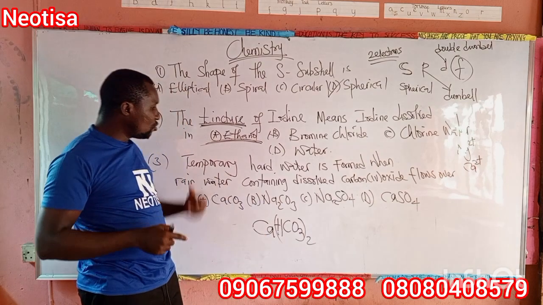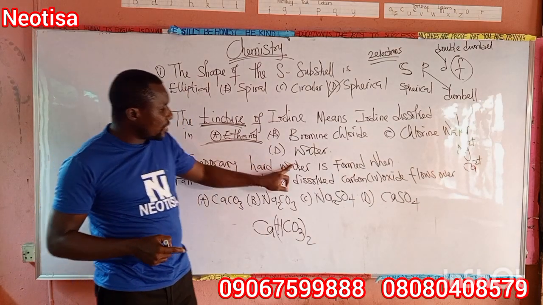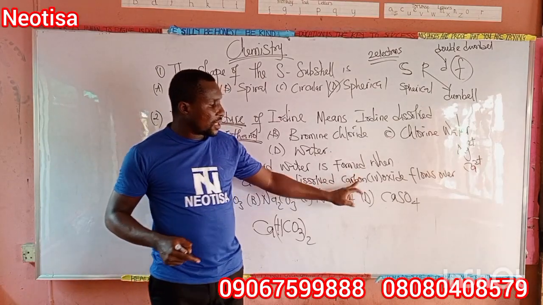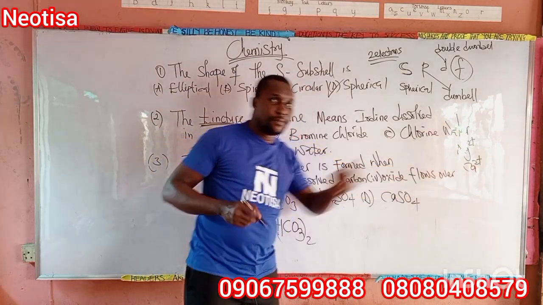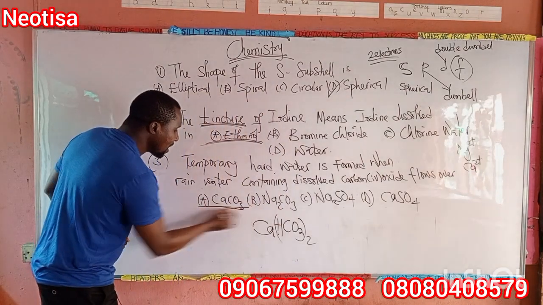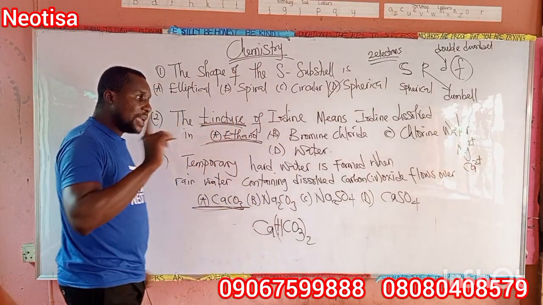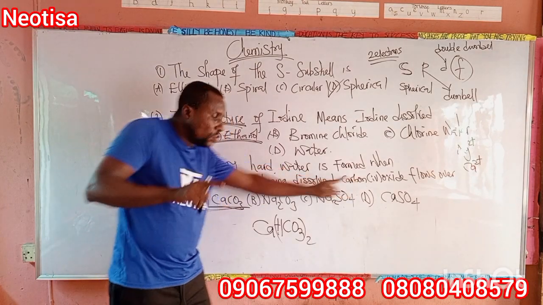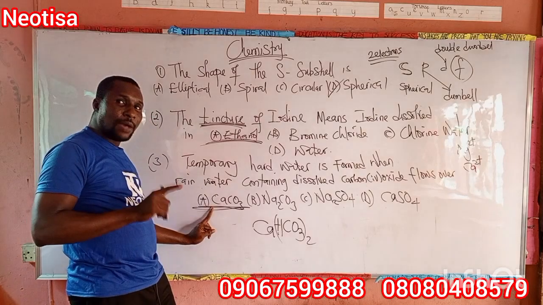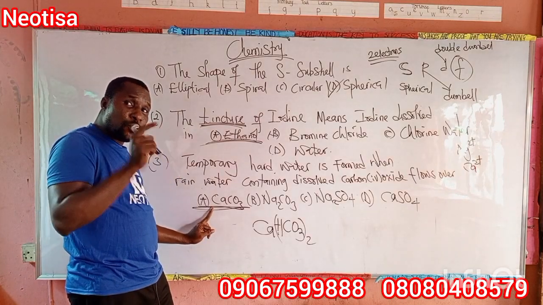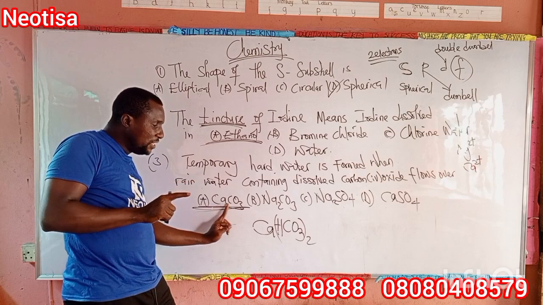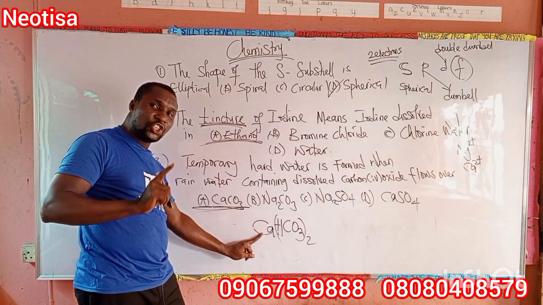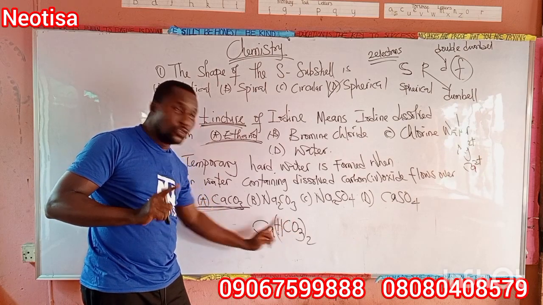The question says temporary hard water is formed when rainwater containing dissolved carbon(IV) oxide flows over... The answer is calcium trioxocarbonate(IV). Water containing CO2 can dissolve calcium trioxocarbonate(IV) to form calcium hydrogen trioxocarbonate(IV).